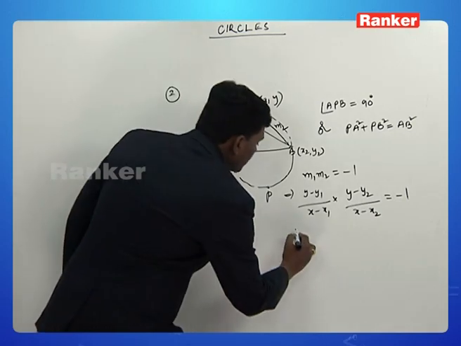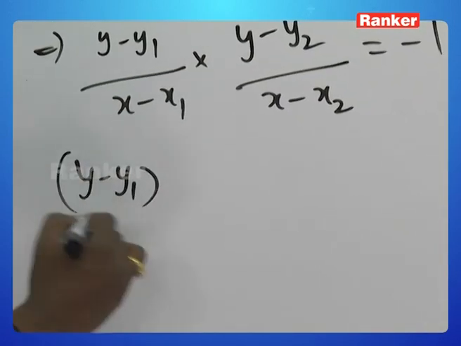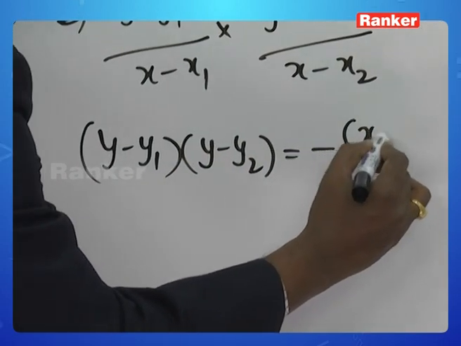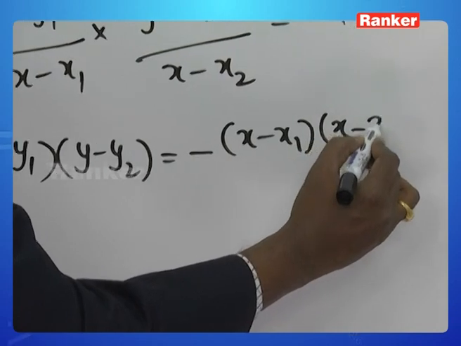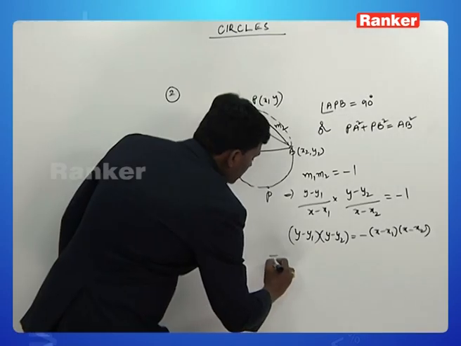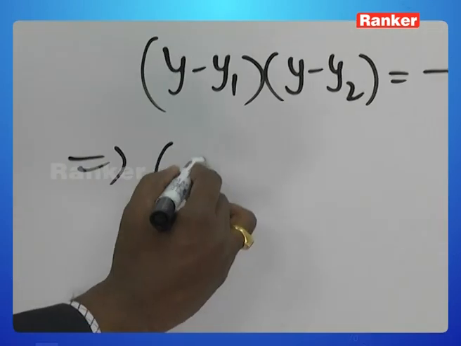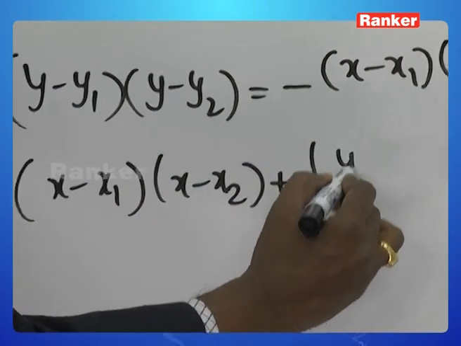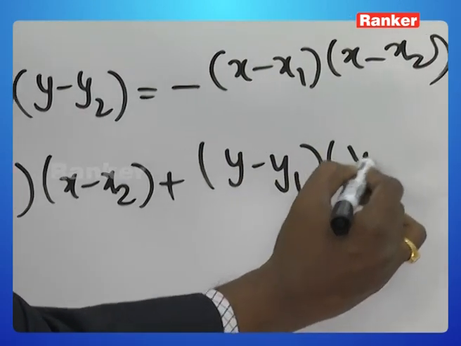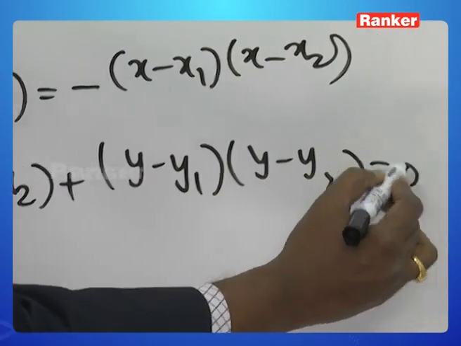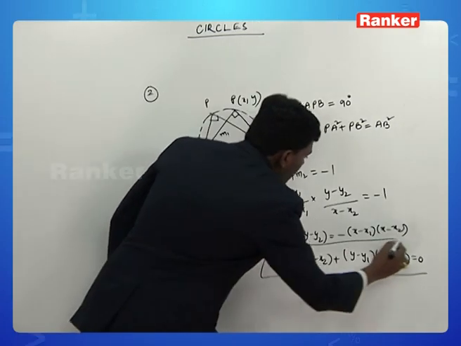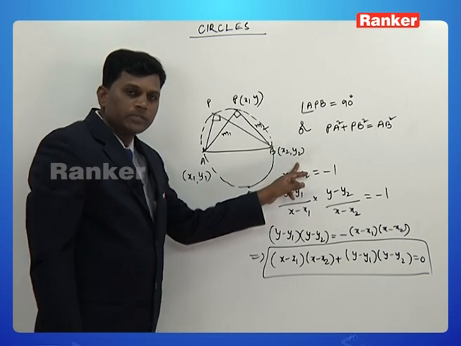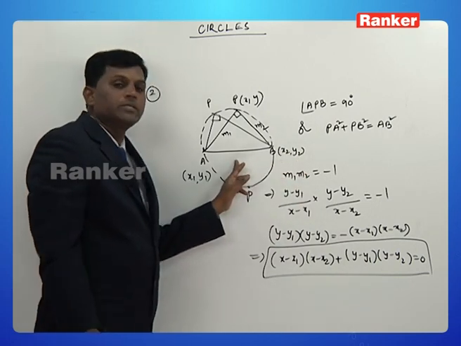On cross multiplying the denominators, (y minus y1)(y minus y2) equals minus of (x minus x1)(x minus x2). Transferring to the left side, (x minus x1)(x minus x2) plus (y minus y1)(y minus y2) equals 0 represents the circle equation with (x1, y1) and (x2, y2) as extremes of a diameter.